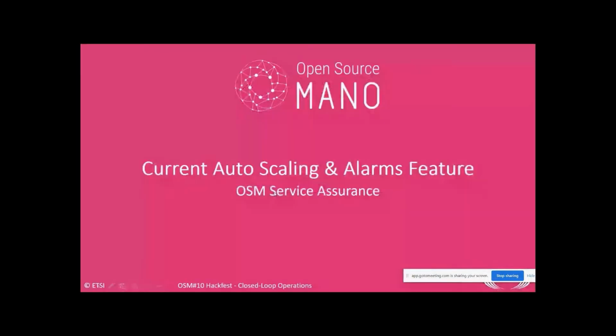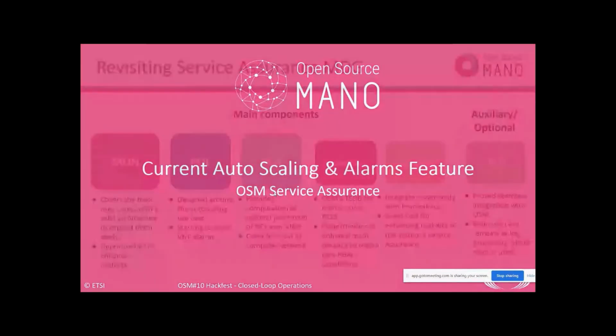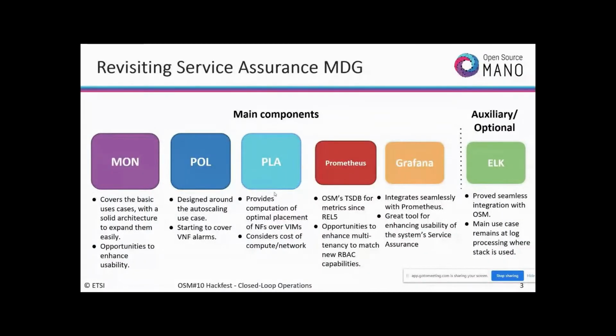For example, it can be set on CPU. If the CPU load goes high and crosses a certain threshold, it will scale out by adding more VDUs to this. How much it will scale out, and at what condition it will scale out, we'll see in a later slide. But the most important thing is there is a rule that tells what to monitor, what to do, when to decide that I have to scale out, and then you go ahead and scale out when that condition is met.